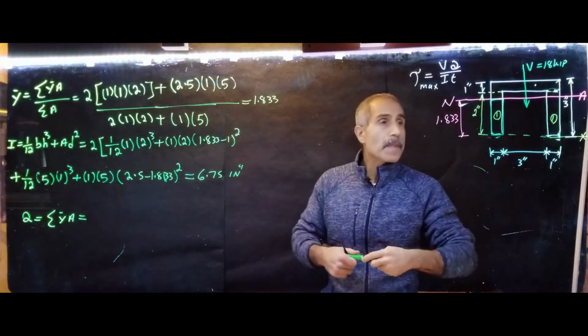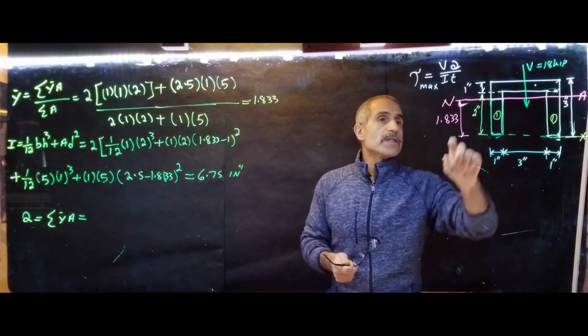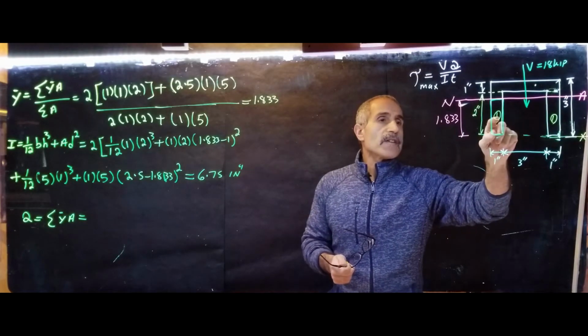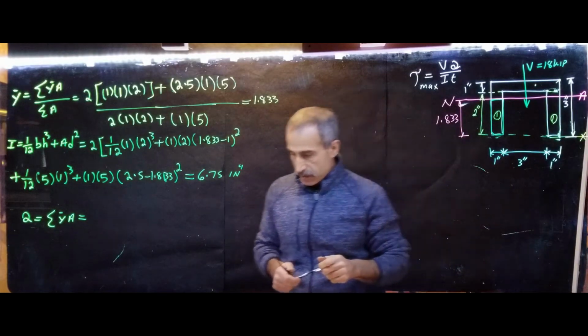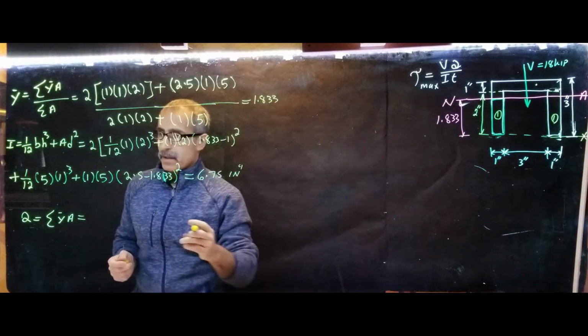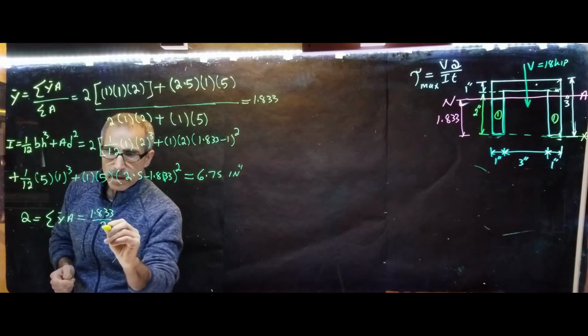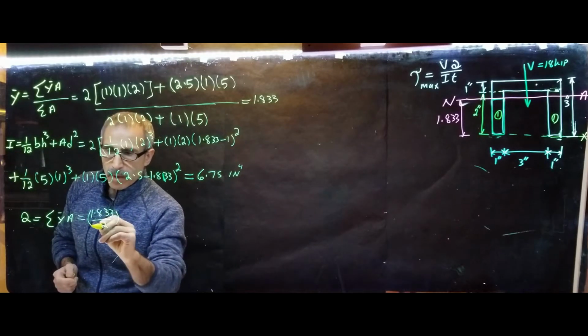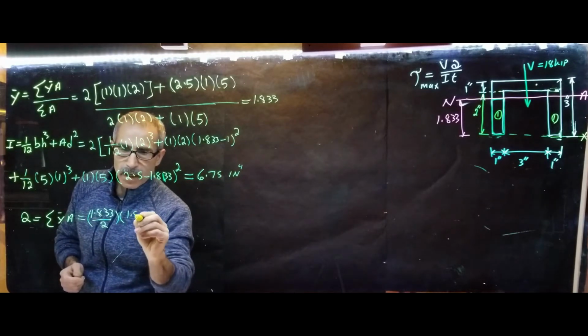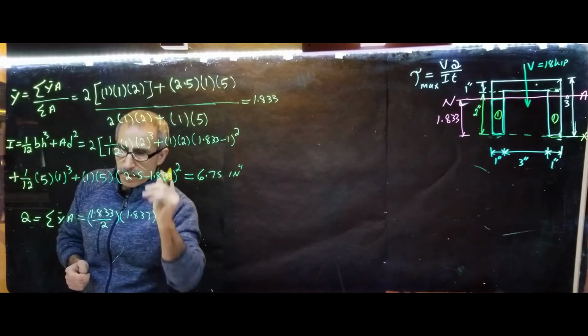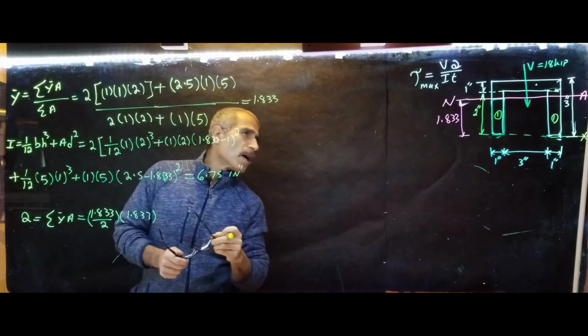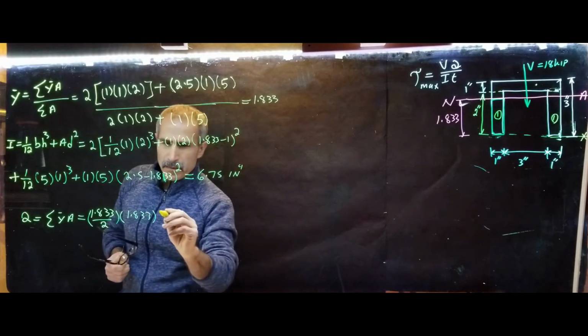Therefore, it's 1.883, and the center will be 1.883 divided by 2. That's my y bar, and the area is 1.883 multiplied by 1 inch.